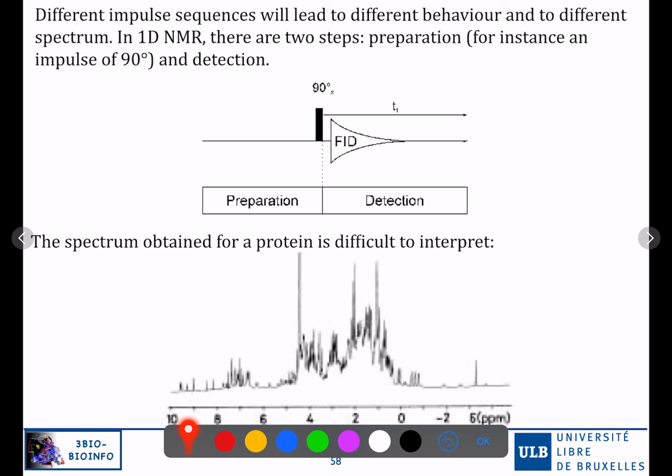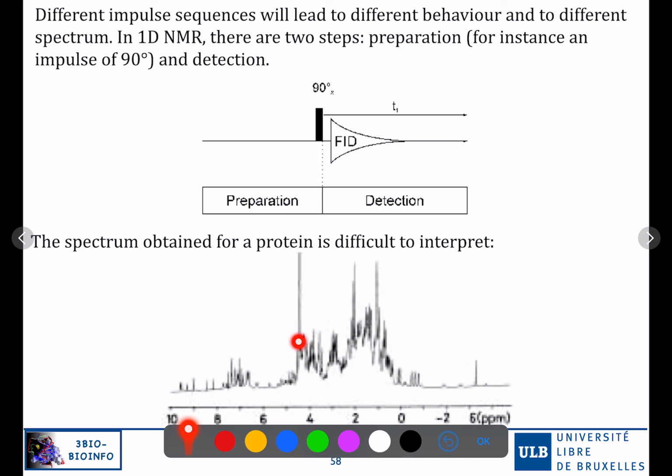And as we have seen, the reason why the frequency of resonance is different is due to the fact that the neighborhood of each nucleus is in fact different, because you have in your molecules different distributions of the electrons.